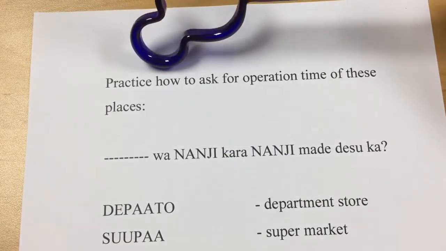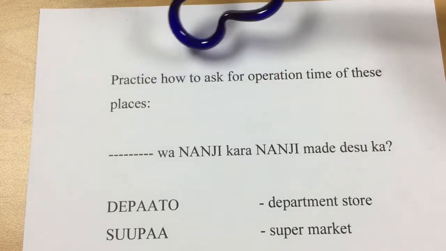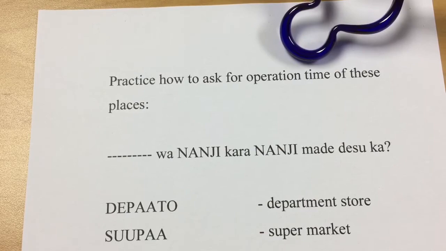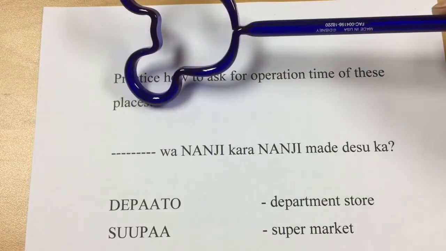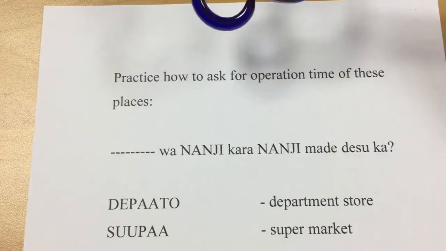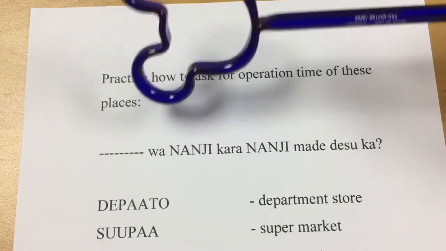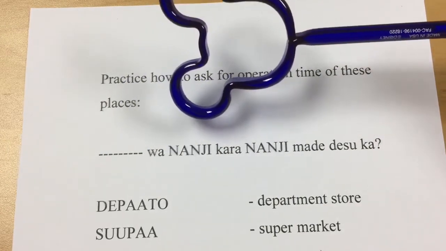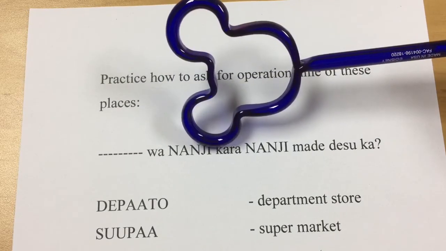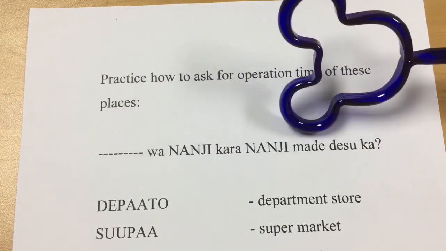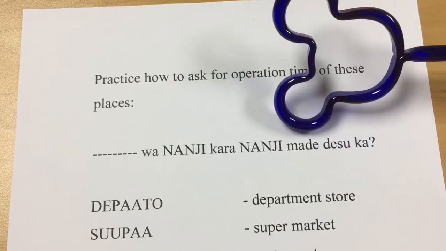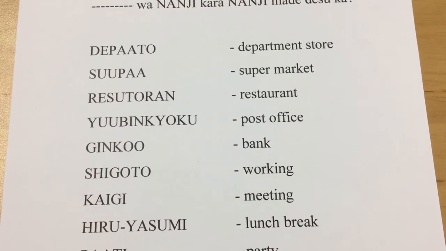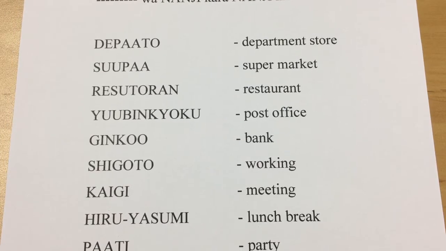Now, let's practice how to ask for operation hours from these places. So the idea in this chapter is that you should be able to ask the business hours, opening from what time or until what time. So you need to learn the vocabularies about places.